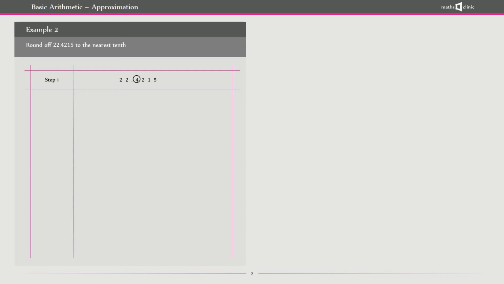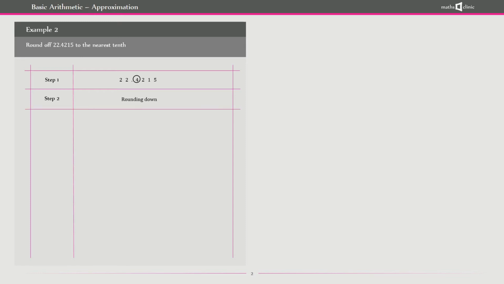The number after 4 in this case is 2. Now is 2 greater than or less than 5? 2 is less than 5, i.e. we're going to be rounding down. Our estimate would be a smaller number than the number that's given.